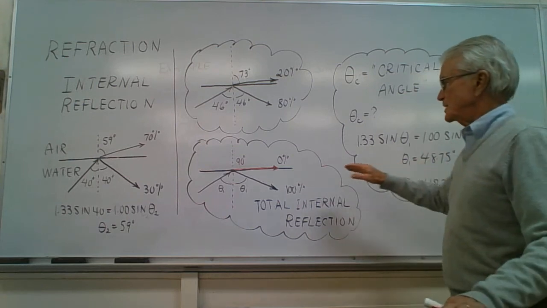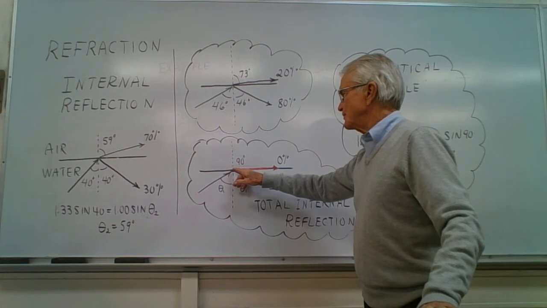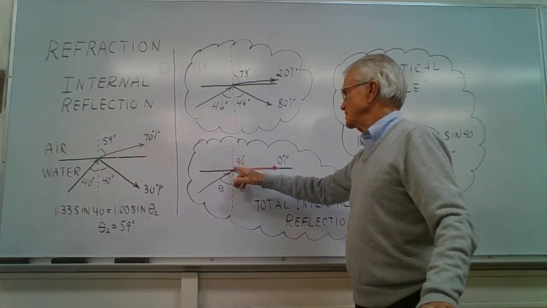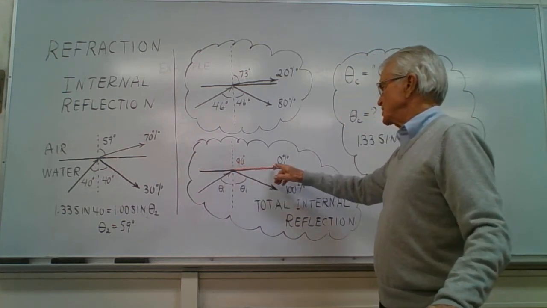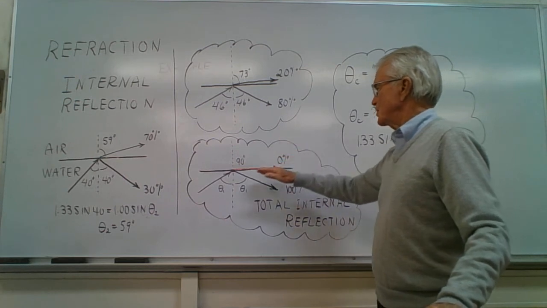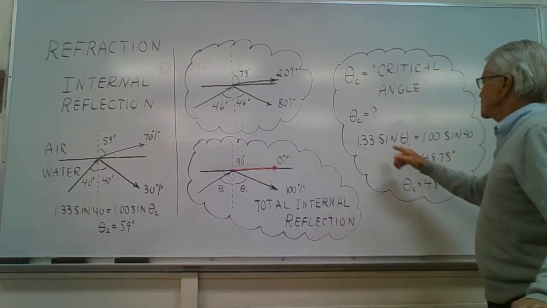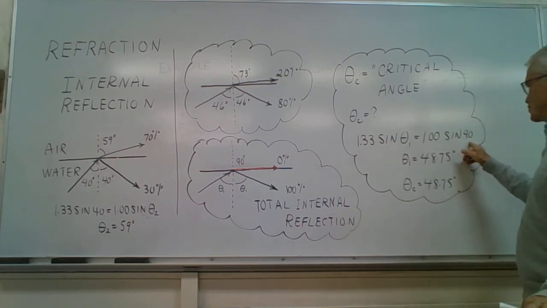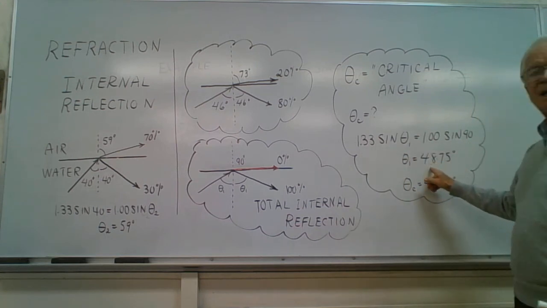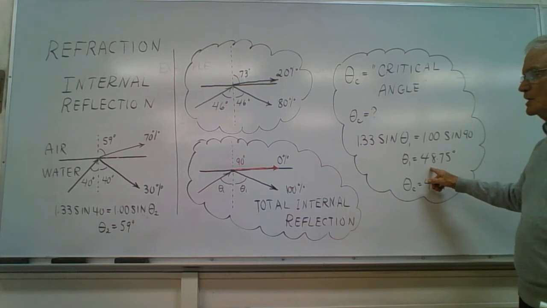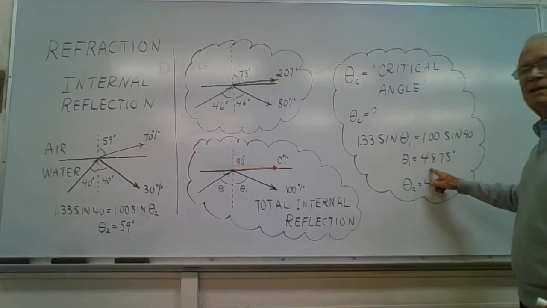When the angle of refraction is 90 degrees, zero energy escapes into the air. All of it goes downstairs. And what angle theta 1 will cause this equation to be true? There's your answer. This is called the critical angle for total internal reflection for the water-air interface.